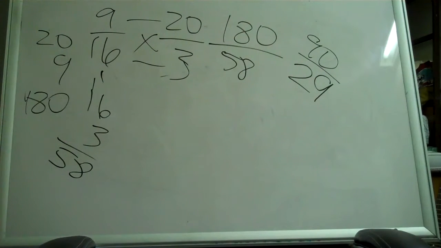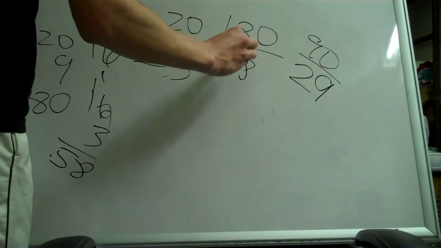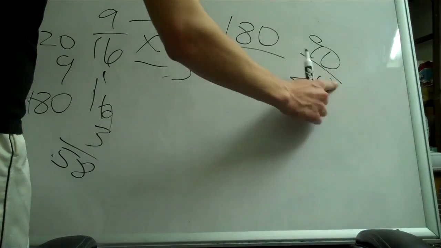That can't be right. 6 times 3 is 18. Plus 2, it's 20 over 3. It's 180 over 16 times 3. What? Oh, dang. I made a dumb mistake. I added the 3 and 1 right here, so that should be 48. That was dumb. 24.